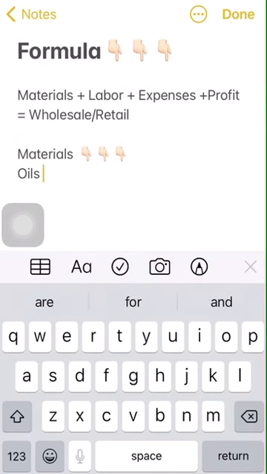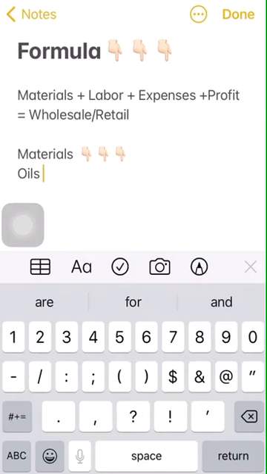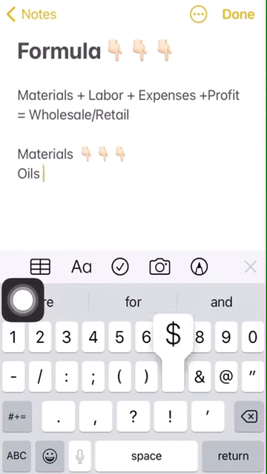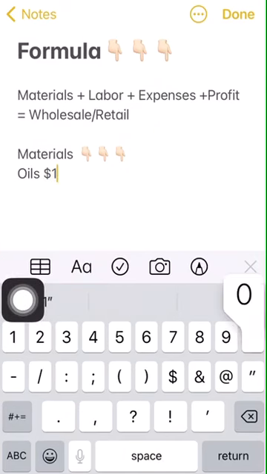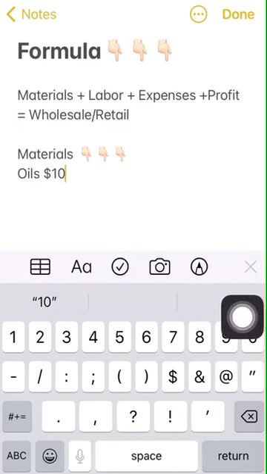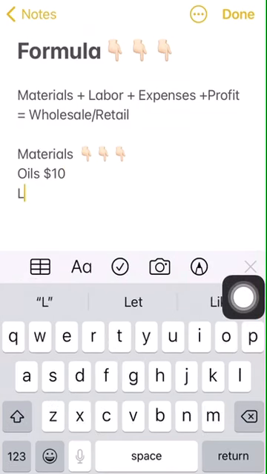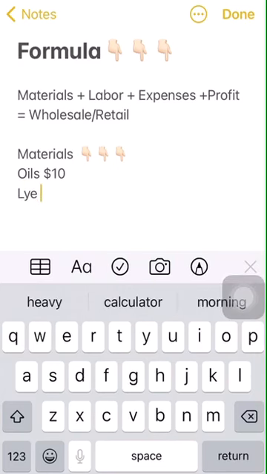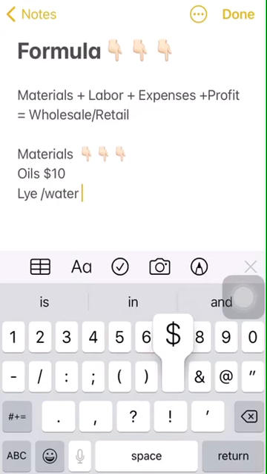So oils, let's see, I'm going to be using round figures so that it will be easy for us to understand. $10, then lye and the water will be $2.